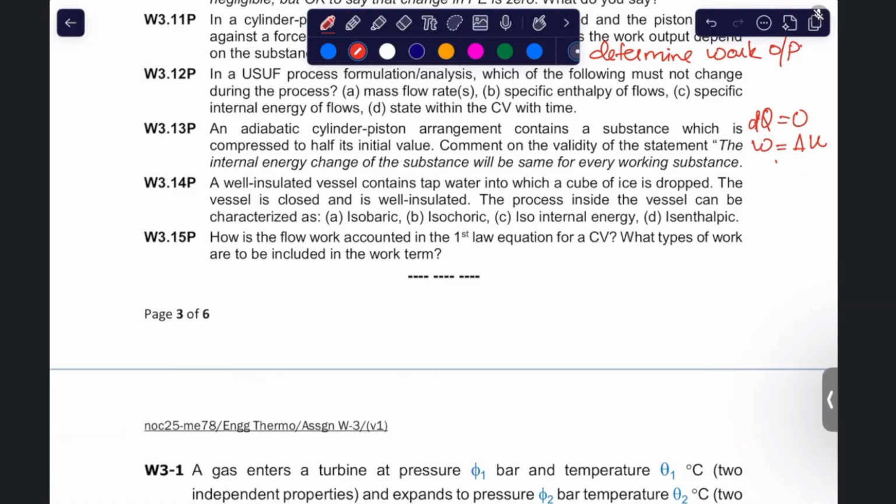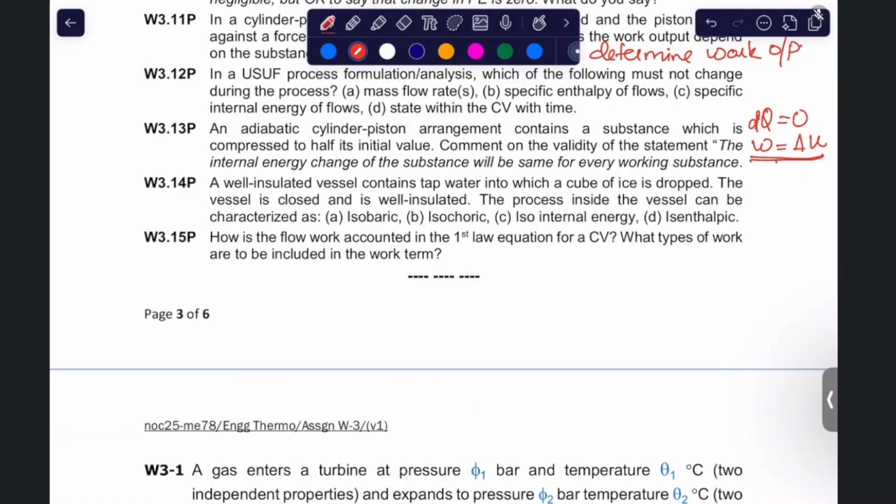Yes, this holds for any substance, but the change in internal energy won't be the same for every substance, because there are intrinsic properties of the substance that take this internal energy in a different manner. For example, high density and low density substances are there, so compression work will be different for different substances.